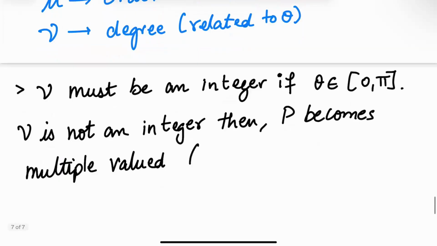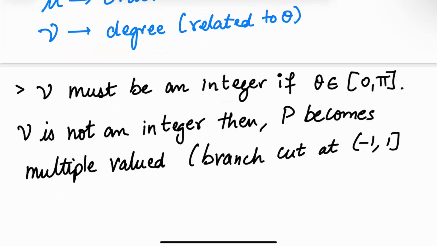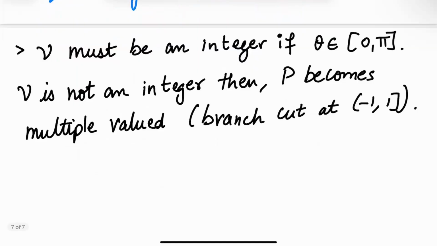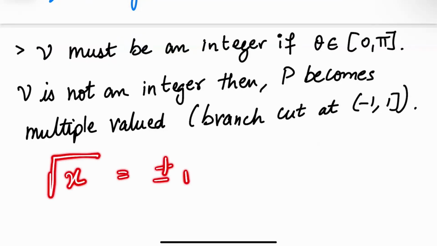If you know what a branch cut is, then you can show that there is a branch cut from -1 to 1. If you don't know what a branch cut is, don't worry about it. Basically, when you include all angles of theta and mu is not an integer, then P can have two solutions, similar to a square root function. A square root function has two solutions: square root of x is plus or minus square root of x.